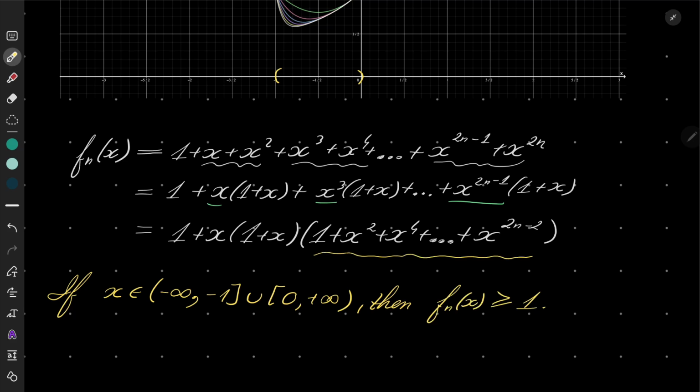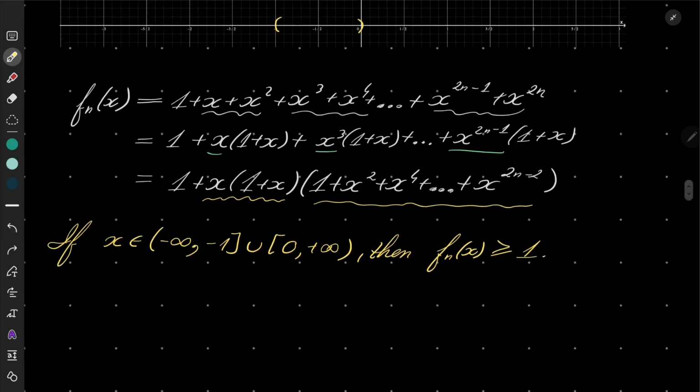Well, because here we have only positive or non-negative terms, and this part is a quadratic function which happens to be non-negative exactly on this interval. So all of that is non-negative on this set, so our function is necessarily greater than or equal to 1 in this case. Okay, so we now know that our minimum is probably not attained in this set.